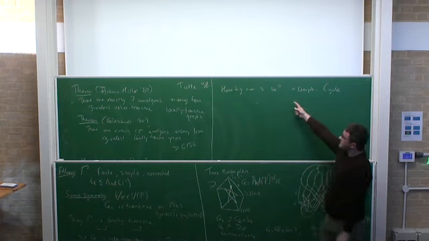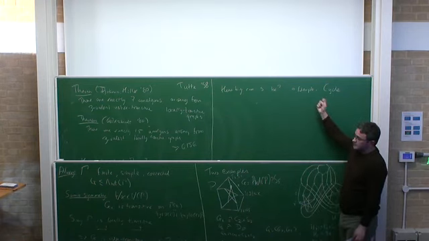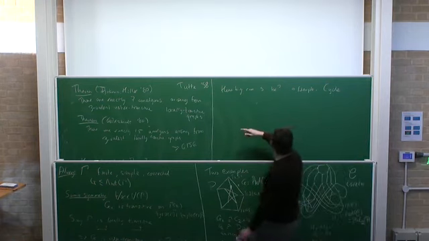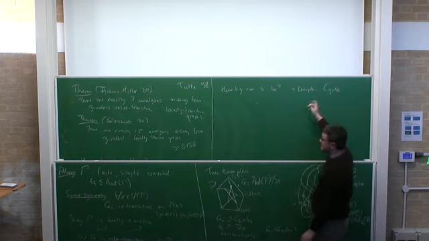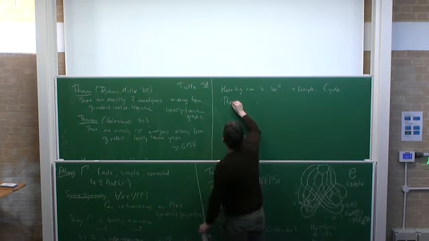So S can be as big as you want, witnessed by a cycle, but it turns out that if you want to ignore this case, the case of the cycle, then it's much more restricted.